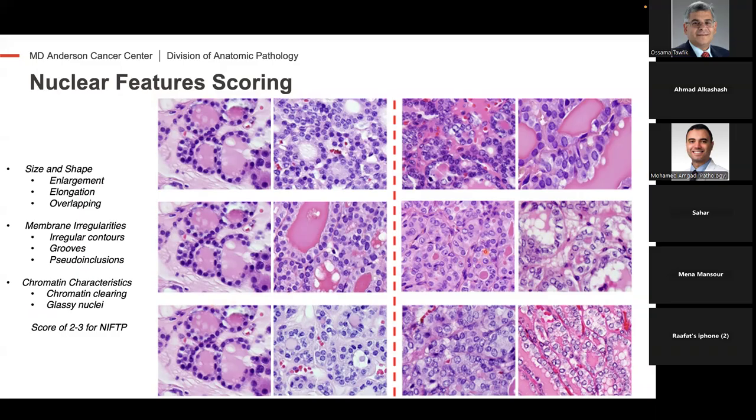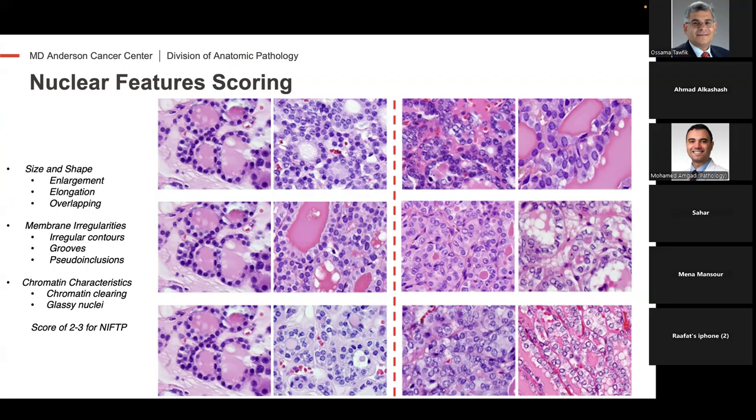They'll be RAS-like. Okay, so that's where the term RAS-like PTC features comes from. So you will have, for example, enlargement, elongation, and maybe some grooves. If you have one, then you shouldn't think about PTC features.